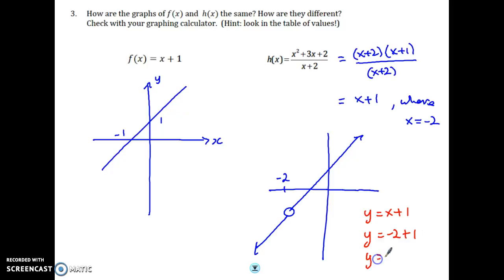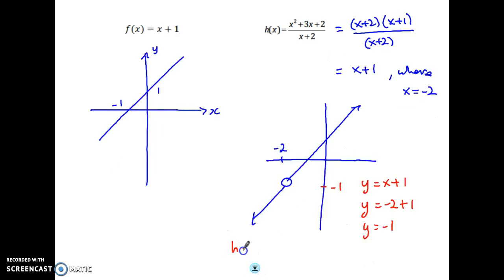And you can see that that y-coordinate value is -1. And so the location of the hole is expressed as a coordinate of an x value of -2 and a y value of -1. But please remember that the function itself is not defined at that particular point.